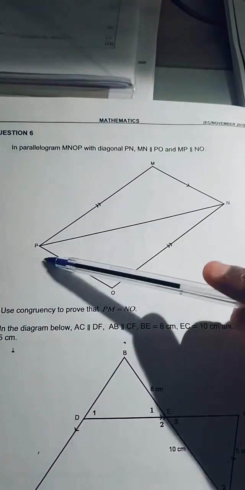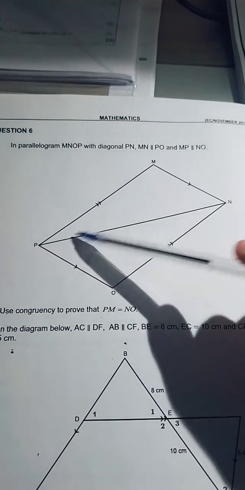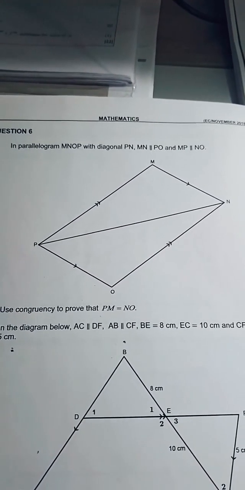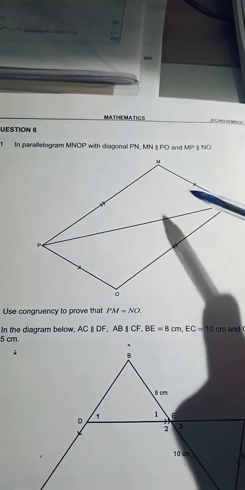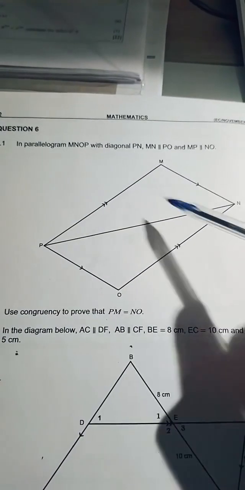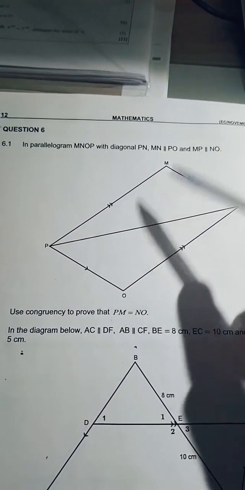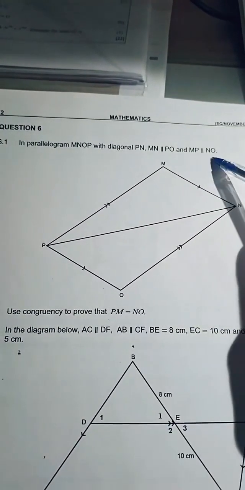That's a straight line, guys, that starts and ends on opposite ends of a quadrilateral. So that's our diagonal. So diagonal PN, we are told that MN is parallel to PO. And we are also told that MP is parallel to NO.